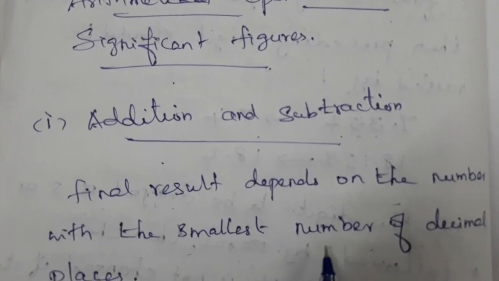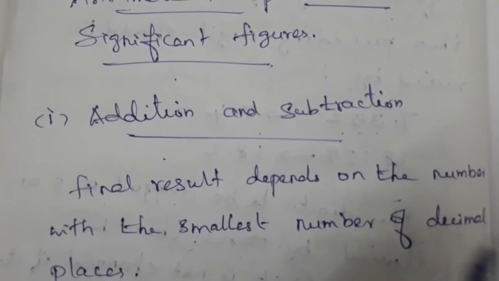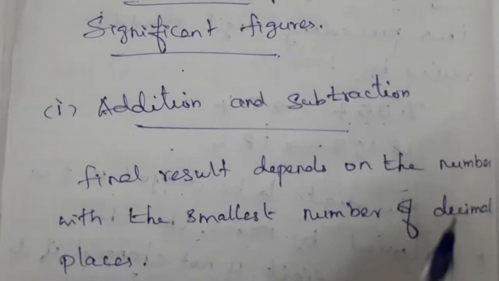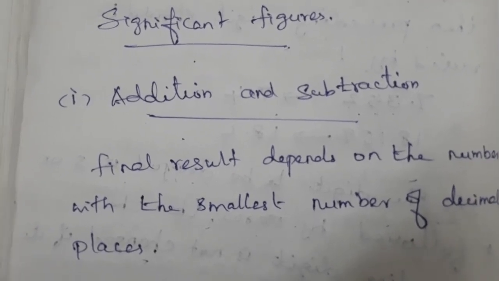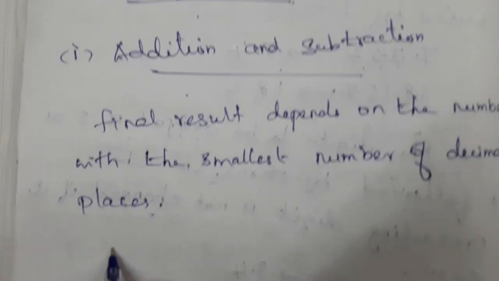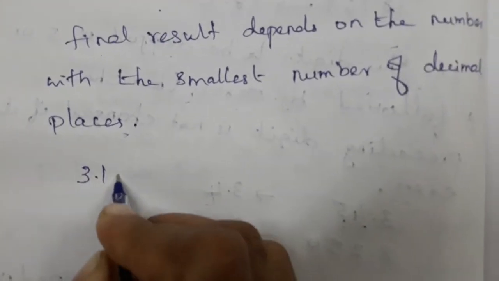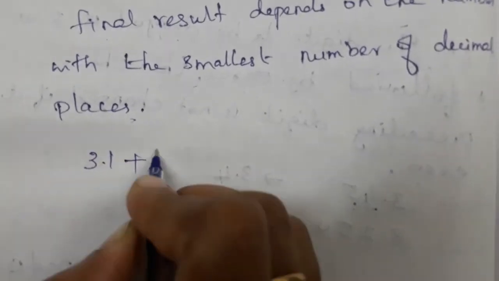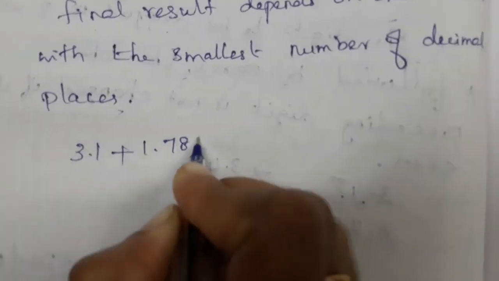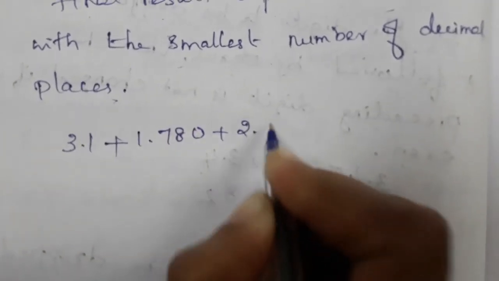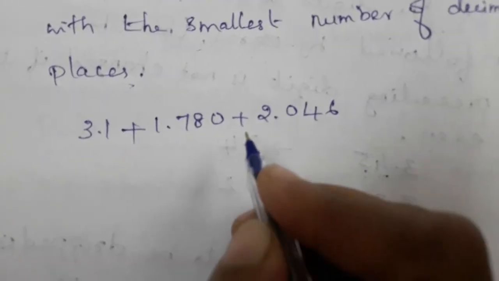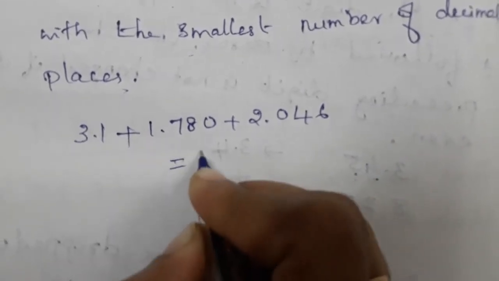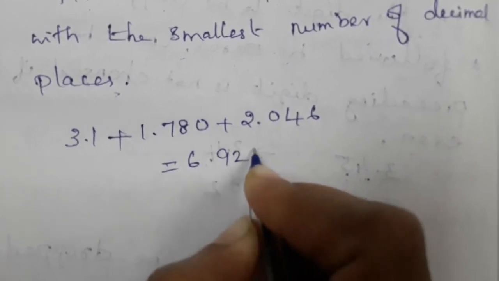In the given quantities, whichever number has the smallest number of decimal places, with that we have to make the result. For example, 3.1 plus 1.780 plus 2.046. When we are adding these numbers, we will get the answer as 6.926.